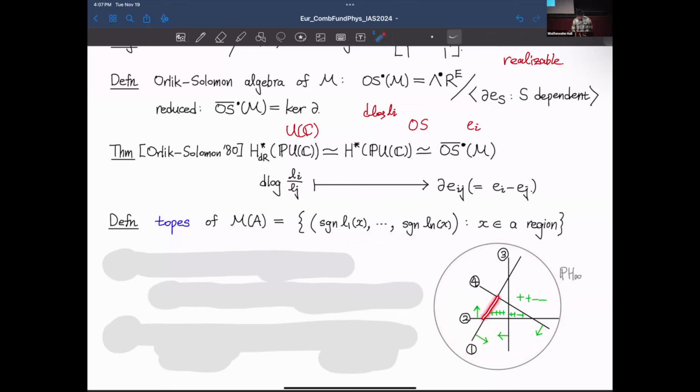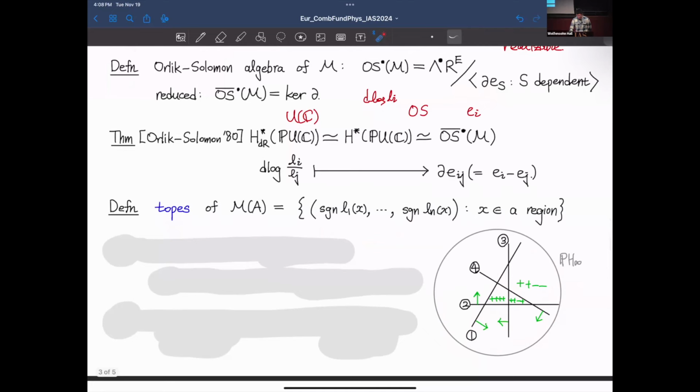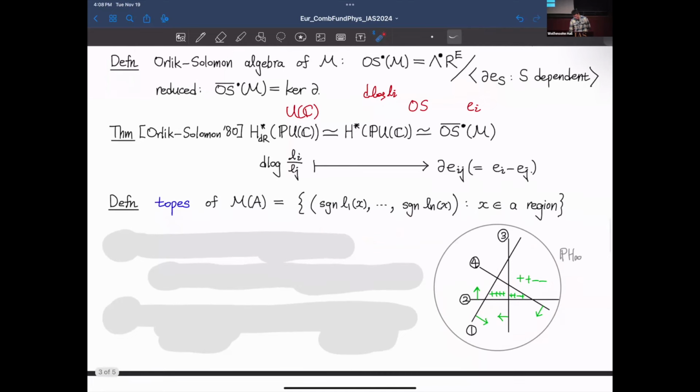This quadrilateral will be a tope encoded by plus, plus, plus, plus. This one gets plus, plus, minus, plus, and so forth. And this notion makes sense for arbitrary matroids. Probably for the experts, the quickest way of saying it would be that it is a maximal covector, which is a composition of the co-circuits. So you take the oriented matroid, take dual co-circuits and composition. In any case, one can define it.